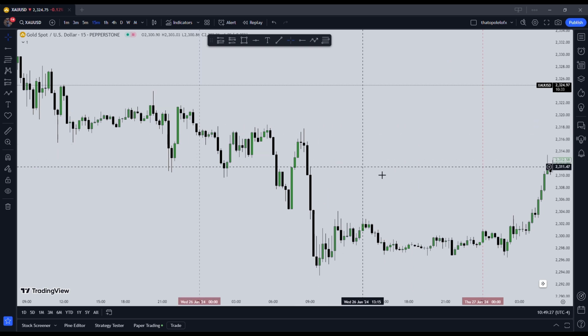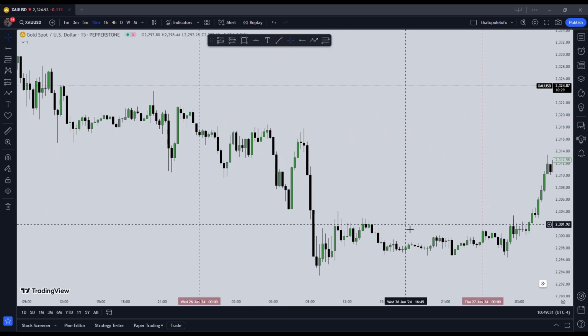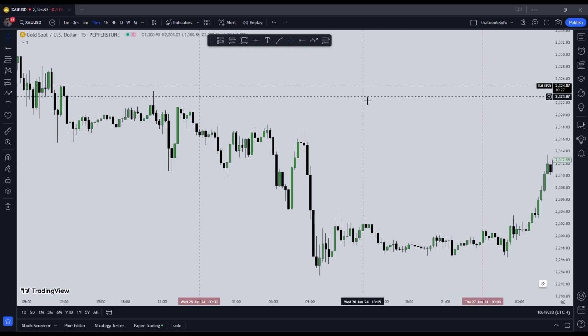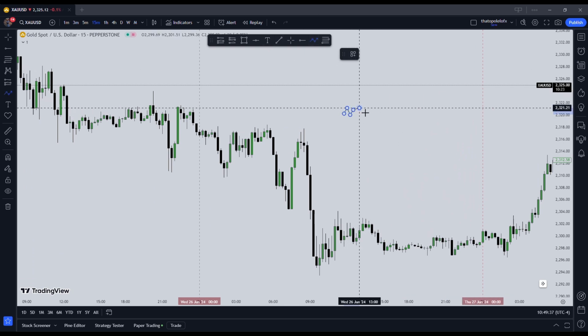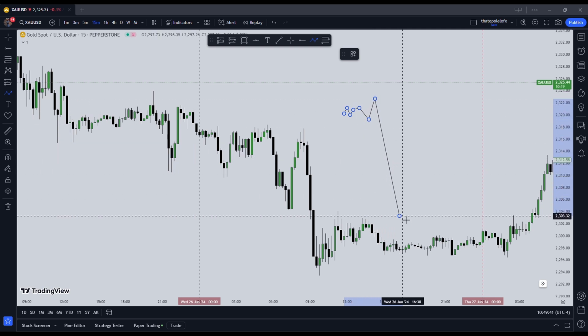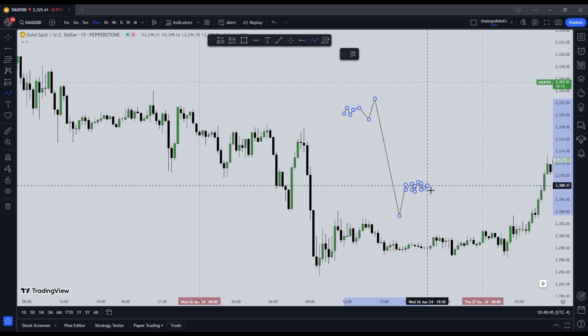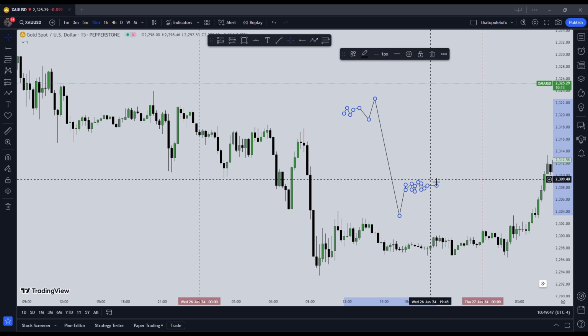I really like the 15-minute time frame. Each and every candle that you see represents 15 minutes. And like I said, I would expect to see consolidation, then manipulation up, then price breaking down, then price going up a little bit, then consolidation, and then close.